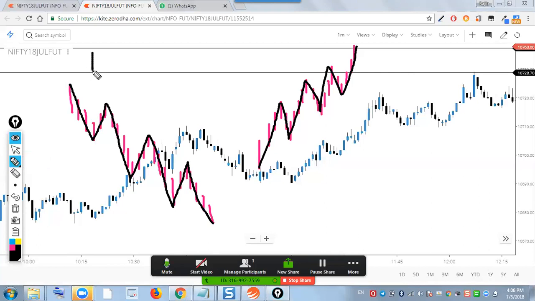Now, if you just look at these 2 structures, what kind of structure are you seeing? Price falls from here, let's say this is a 500 level. Price falls from 500 to 400. Then it pushes back up to 450, and then from 450 it comes down to 300, and then from 300 it goes back to 350, and that's how it's falling and rising.